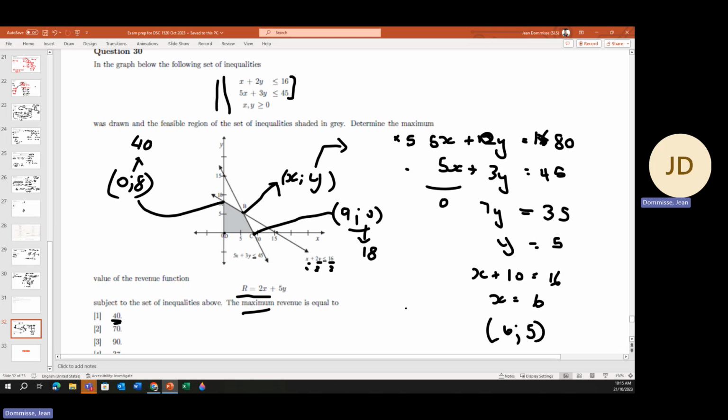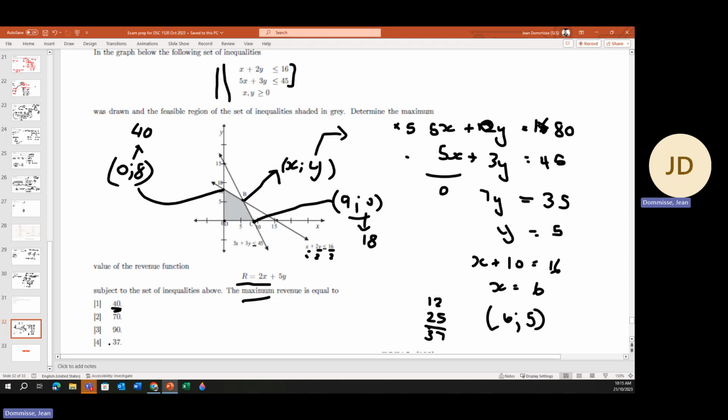So it is 2 times 6 is 12, 5 times 5 is 25, 37. Okay, which is also an option. But then we need to maximize the revenue. So 40 is more than 37. So we will go for 40 as the one that we have selected.